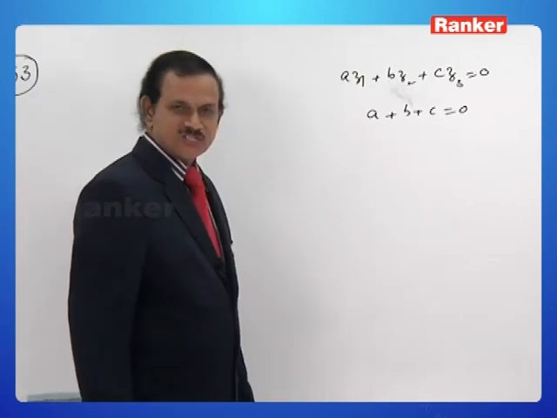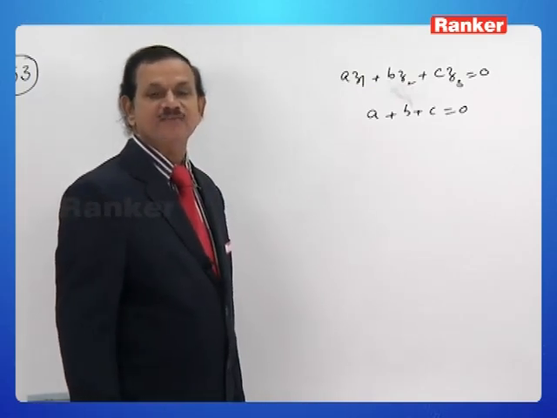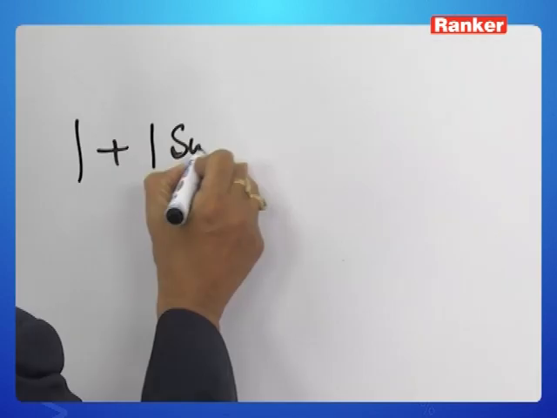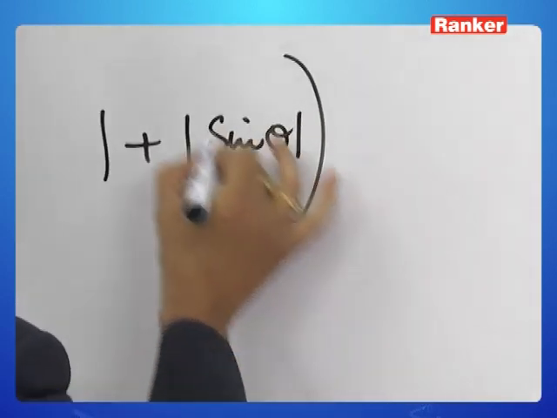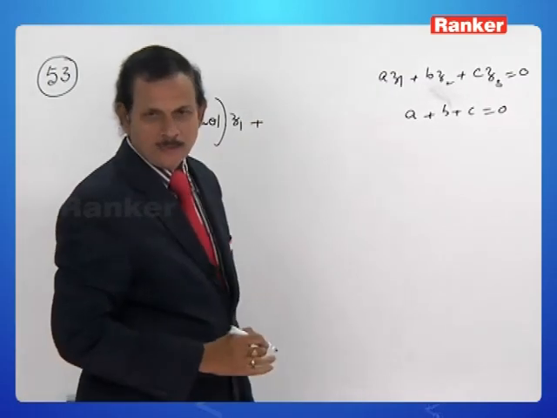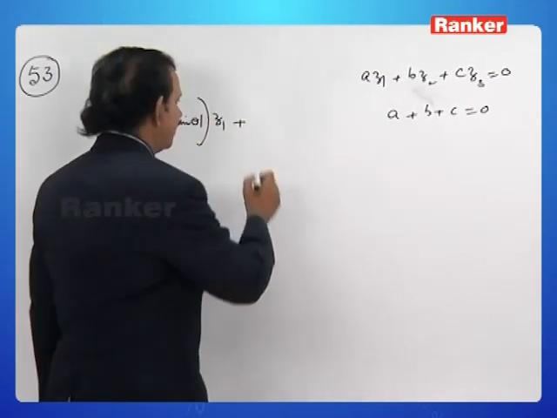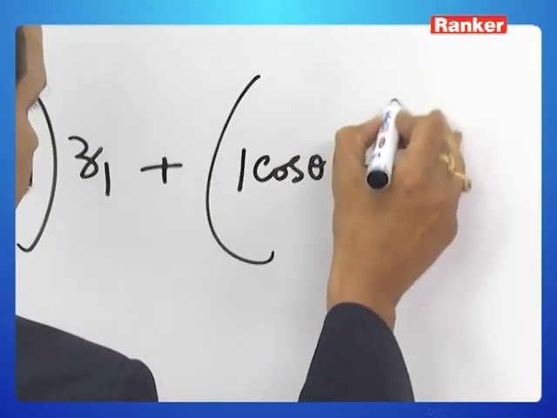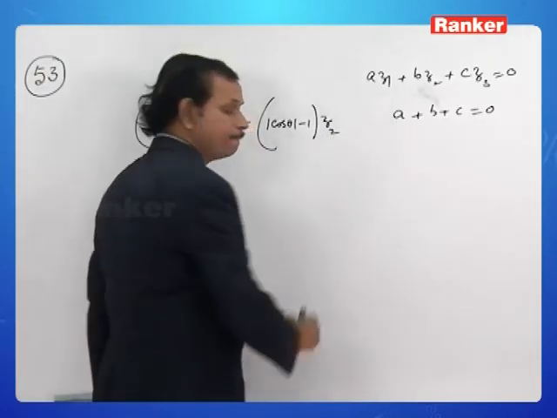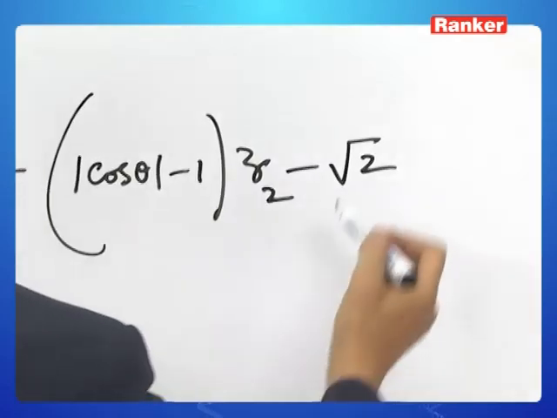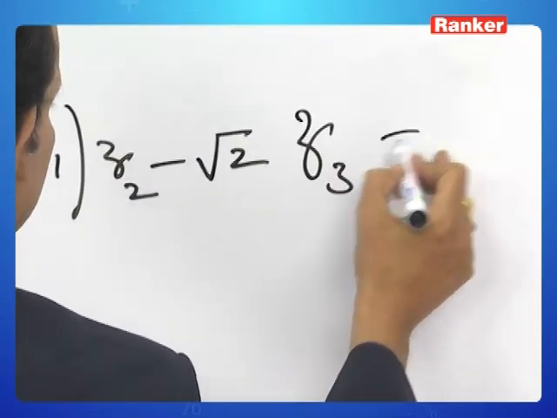Well, let us turn our attention towards the given condition. What is the condition? (1 plus mod sin theta) Z1 plus (mod cos theta minus 1) Z2 minus root 2 into Z3 is equal to 0.